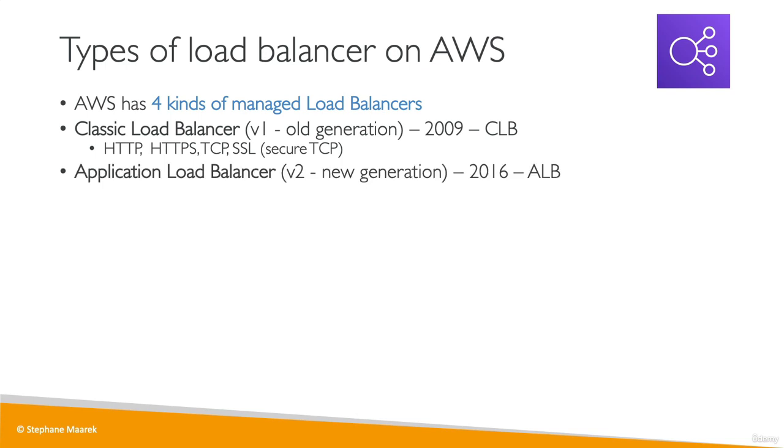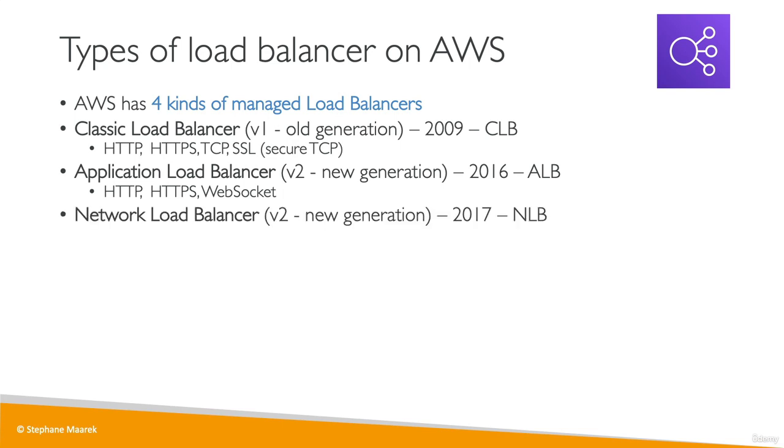Then we have newer generation load balancers. We have the application load balancer from 2016, also called ALB, and this one supports HTTP, HTTPS, and WebSocket protocols. Then we have the network load balancer from 2017, which supports the TCP, TLS (secure TCP), and UDP protocols.